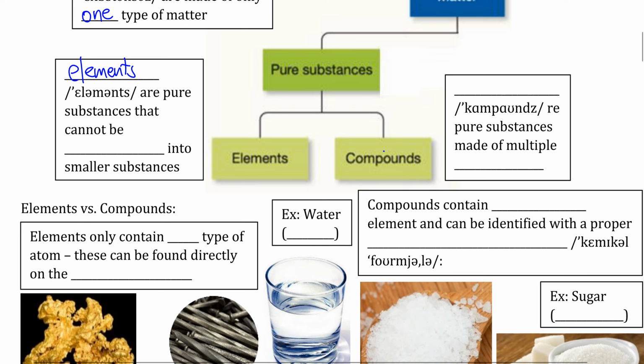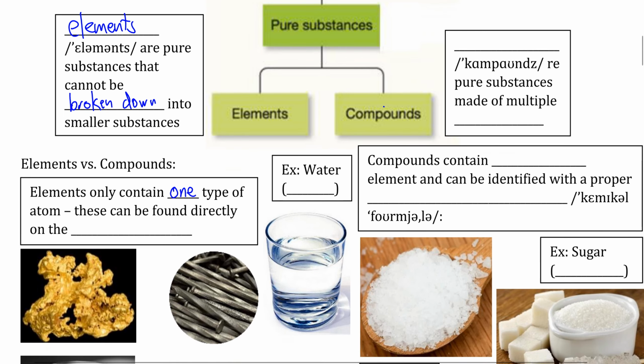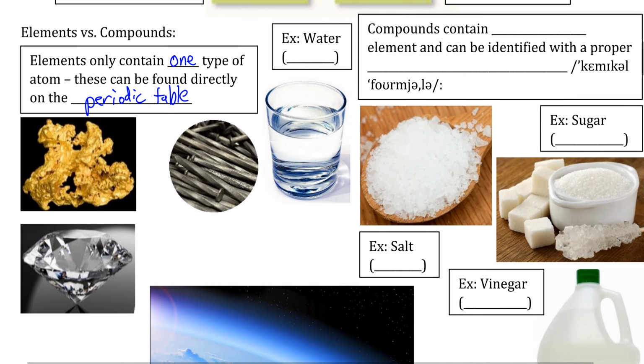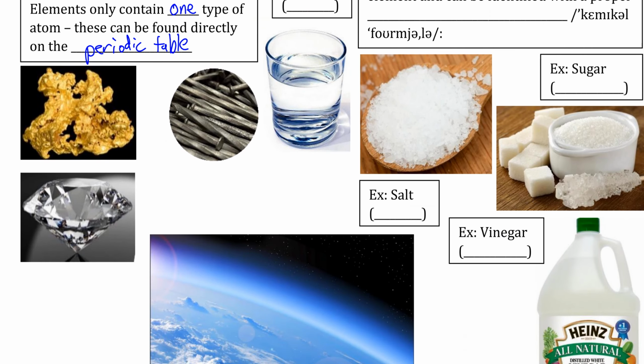As a quick review, it is any type of matter that cannot be broken apart or broken down into smaller substances, because each element only contains one type of atom. And you can identify whether a substance is an element or not simply by looking at the periodic table, which is what we've been doing over the previous 3 video series. Nevertheless, if we do some quick review, we can see a few examples of elements here.